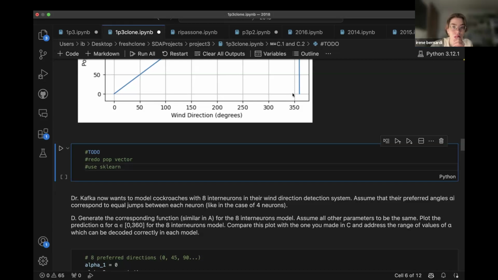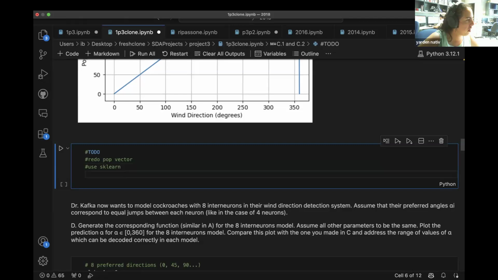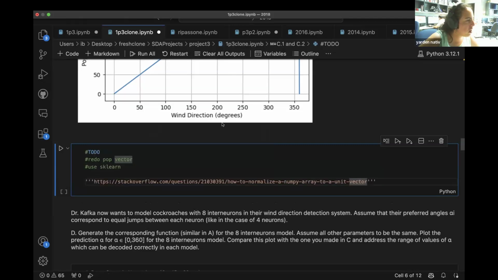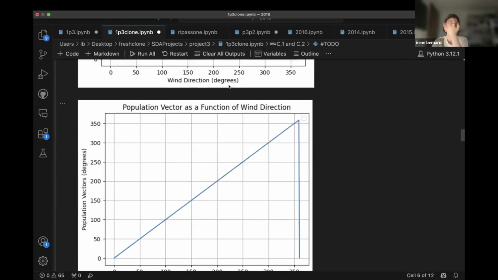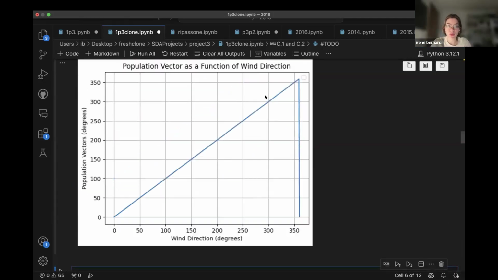This is just from a simple Google search on Stack Overflow. You can see that you also have in NumPy the norm, and probably also in sklearn you have the normalize. Great. Okay, so the reason the plot doesn't look like it's supposed to is because I'm supposed to normalize the population vector.